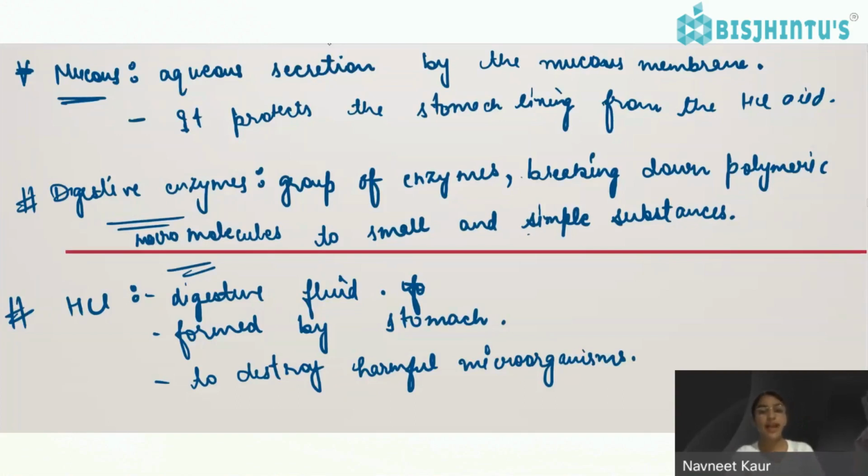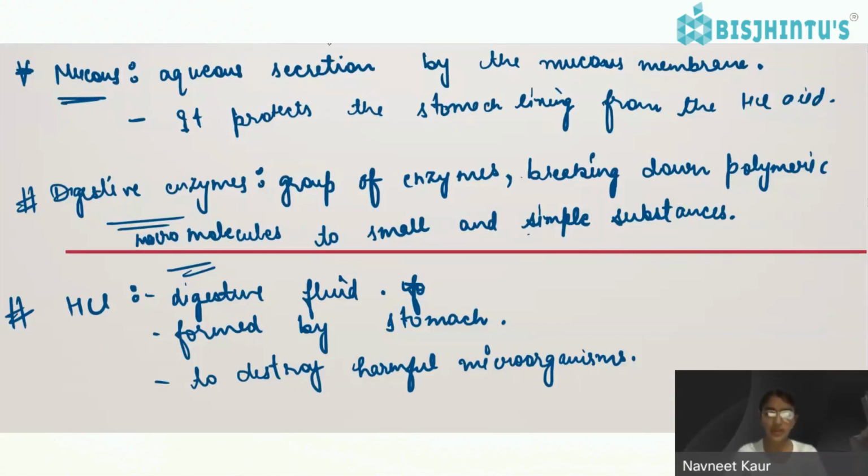Then the tongue helps in mixing up saliva and food, and the food gets softened when it gets mixed with saliva, and then it gets transported to stomach with the help of esophagus. Esophagus is a food pipe. We also call it a food pipe, and it connects the mouth with the upper part of stomach.